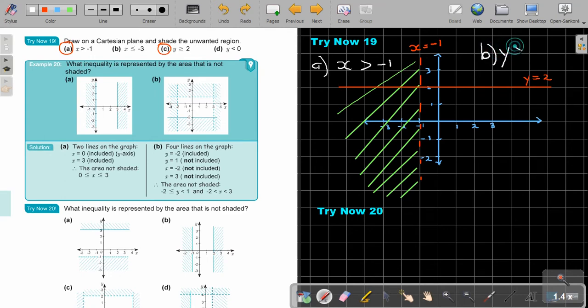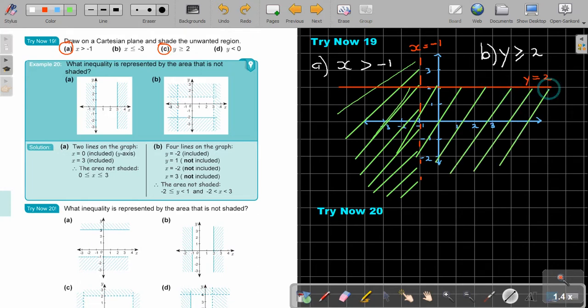It's y must be bigger than or equal to 2. So bigger than 2 will be up, but remember I shade the unwanted. Okay, and it will be best in this case if you draw it on separate graphs. Just for my space, I'm drawing it on the same. So there's number A, and on a separate one, this will be number B. Okay, let's go on.